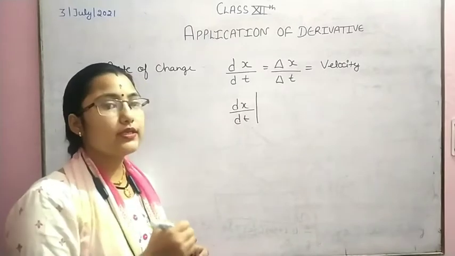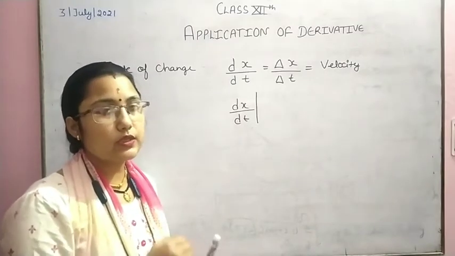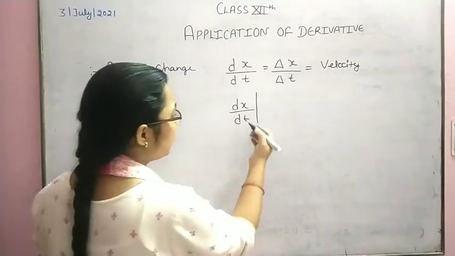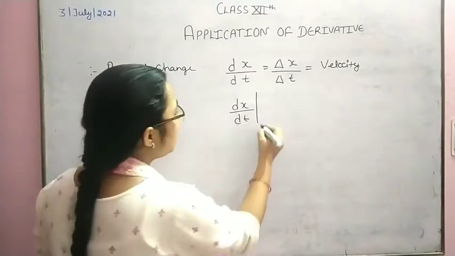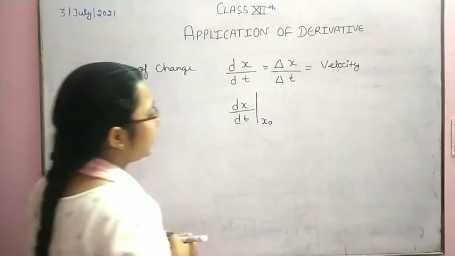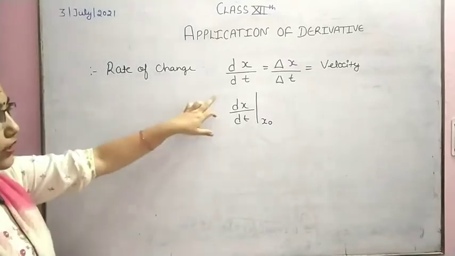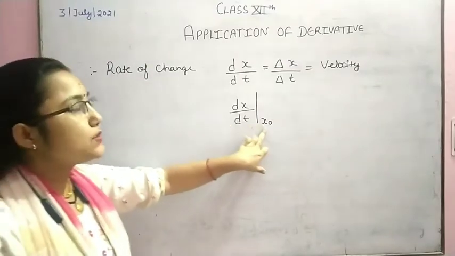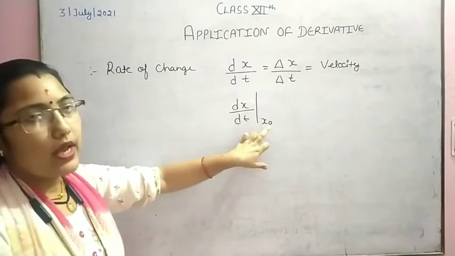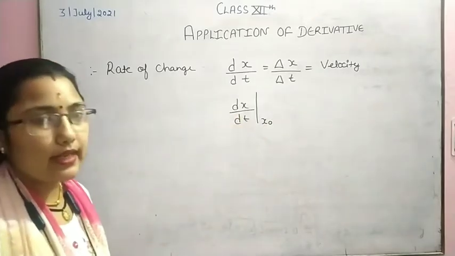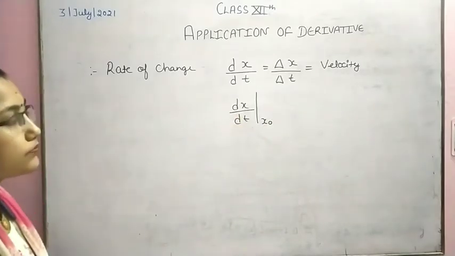That means a specific point is given to you. We have to find the rate of change of the quantity at the specific point x naught, and it is known as instantaneous change.